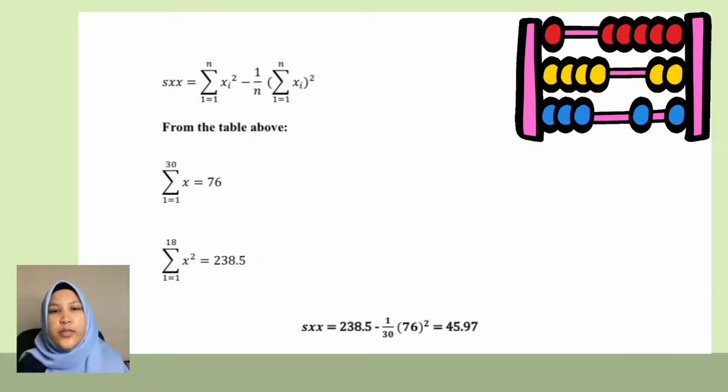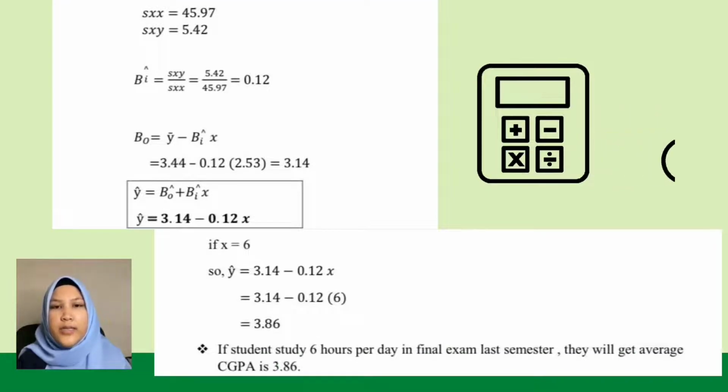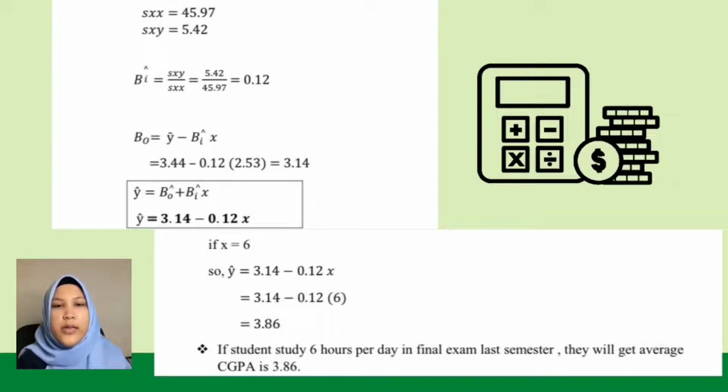Next, we calculate the Sxx. In the slide also have the data, the formula and calculation of Sxx, and the answer is 55.97. After getting the answer of Sxx and Sxy, we calculate B1 and B0. How to get B1?